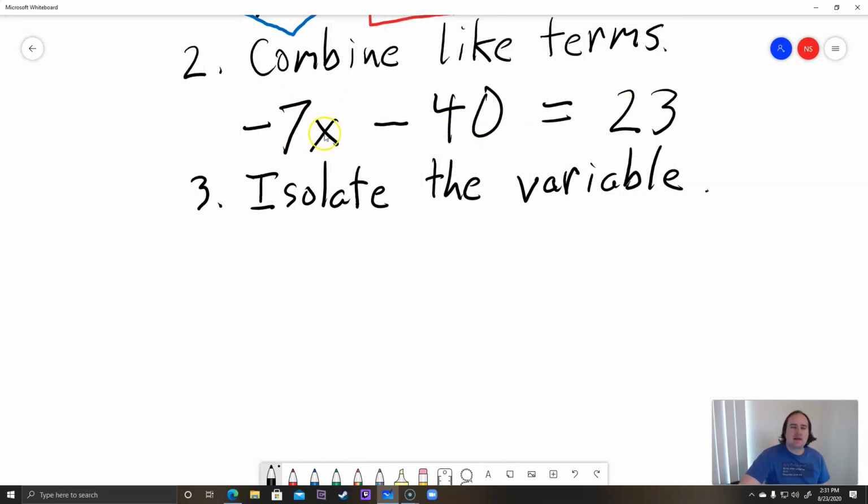When you're isolating a variable, you want to actually get rid of things that are added or subtracted first. And then at the end, we'll divide by negative 7. So you don't want to divide by negative 7 yet. First, you want to get rid of the negative 40. So how do you get rid of minus 40? Well, what's the opposite of subtracting 40? Adding 40. So we're going to add 40 to both sides.